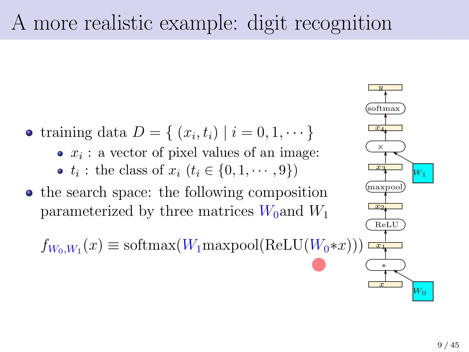The only point here is that it is a composition of many functions, and the weights we are trying to find are W0 and W1, associated with the convolution layer and the matrix-vector multiplication layer, which is commonly known as the fully connected layer.